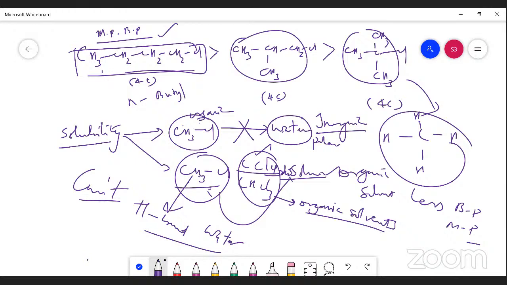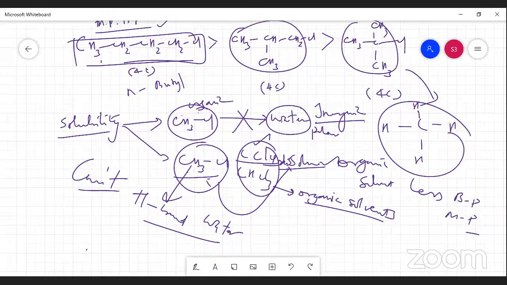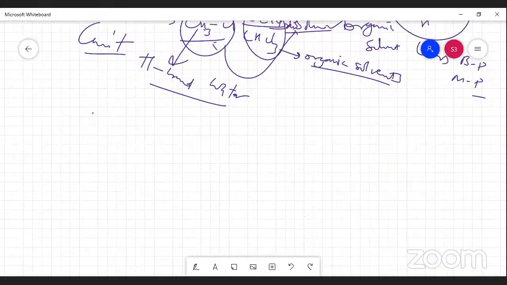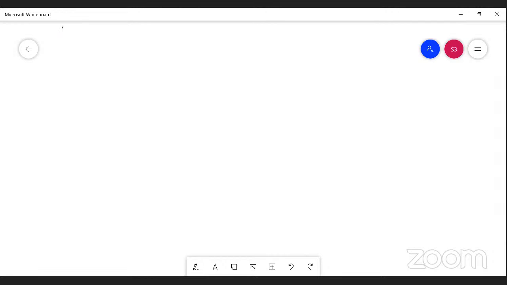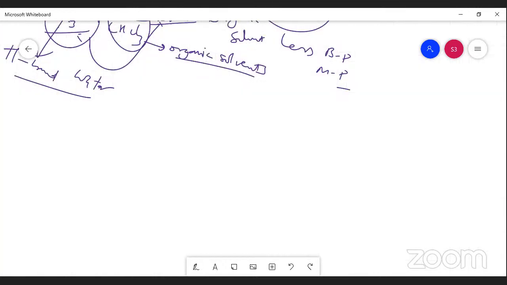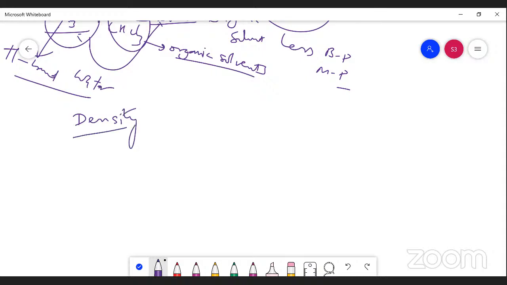Density. We are going to understand about the point. What is density? The last point we are going to see is density. Actually, the alkyl halides have more density than hydrocarbons.